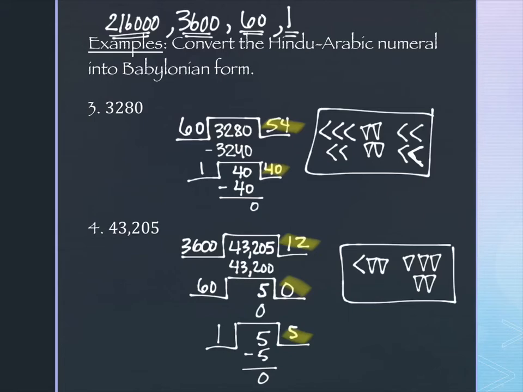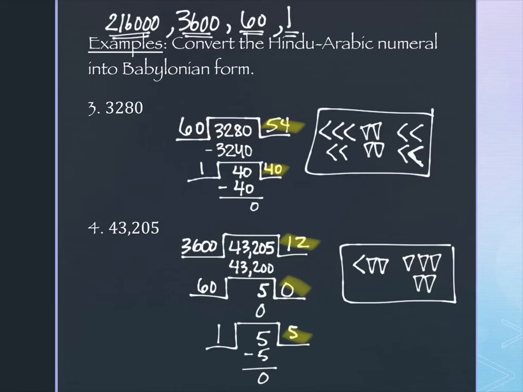But you probably would think that this 5 triangles were in the ones place, and this 12 was in the 60s place. That's a problem, right? Truly, that would be a problem if you were doing some kind of bookkeeping back in the Babylonian days. Yeah. So it's not going to be a problem as you do your work, but I just want to point out to you that there is a flaw in the way that the system is created because I don't have a 0. I have a problem.